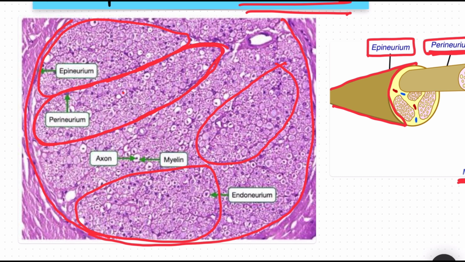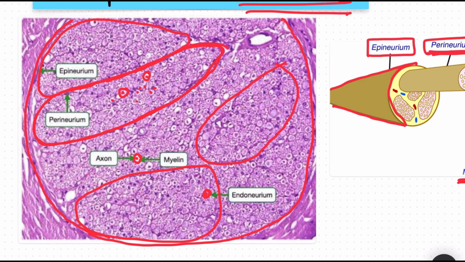So these dots are nerve fibers, and they are covered by endoneurium. Okay, you can see this. These are axons and they are covered by myelin sheath, and then the myelin sheath is covered by endoneurium. You can see there.